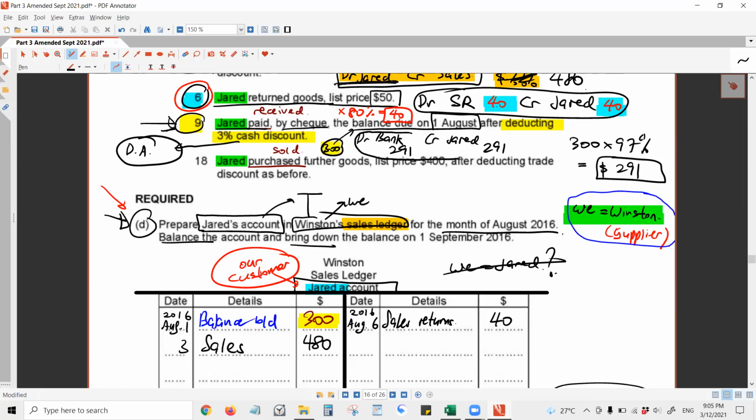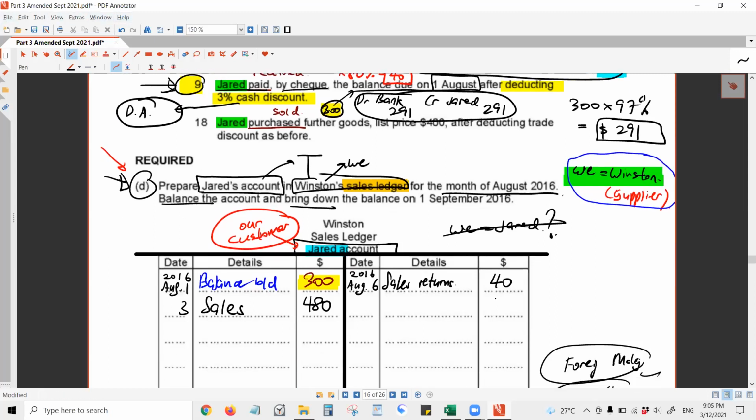Agree, right? Jared paid by check, the balance due on August 1st after deducting the 3% cash discount, so we received 291. Now let's record this. 291. Here write bank. Here write 9.